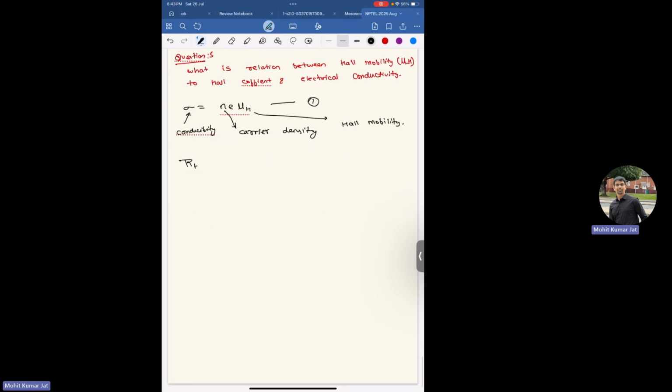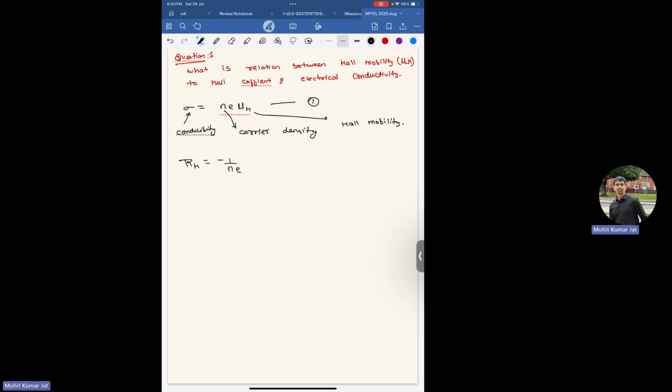At the same time, we know that RH, which we derived, was 1 by Ne, minus 1 by Ne. Right? So RH was 1 by Ne.